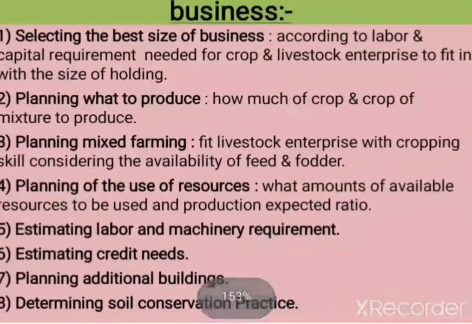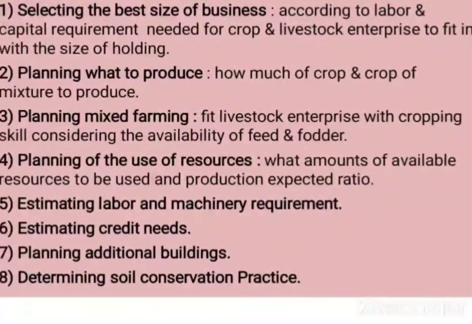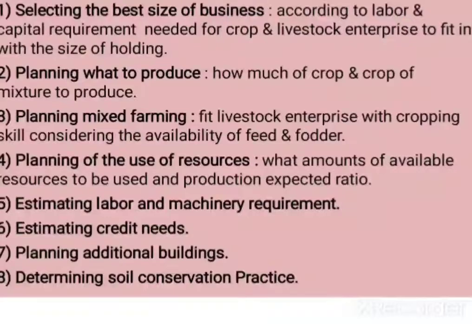There are 8 points to be noted, which are the approaches towards the reorganization. If certain mistakes happened in the farm plan, this is how the farm business organization can be reorganized. So there are 8 points to be noted. The first one is selecting the best size of business.